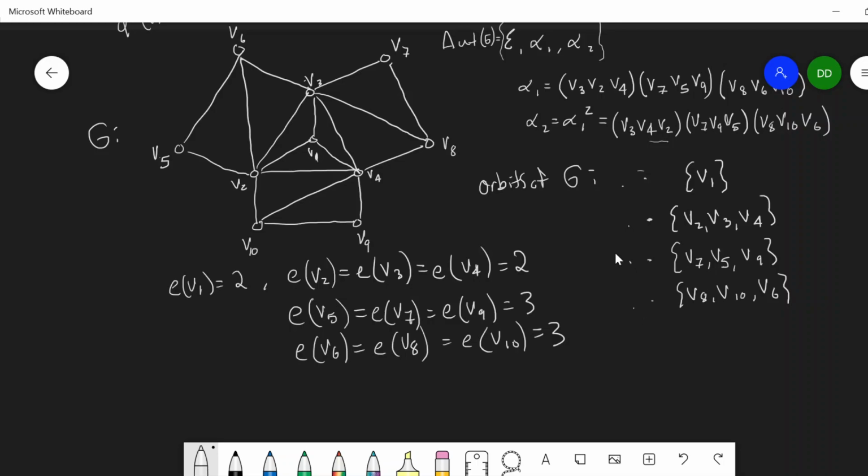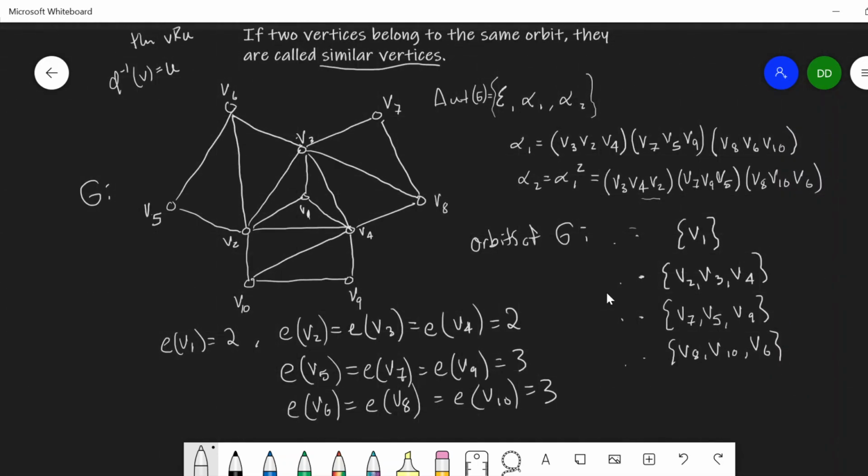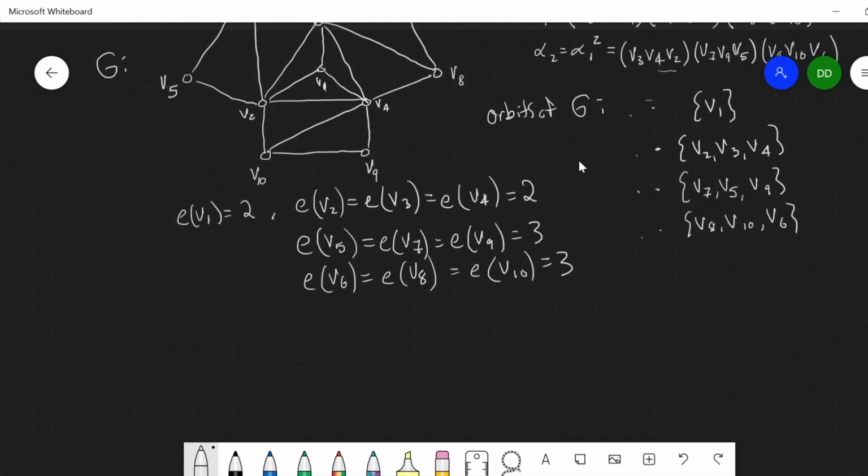And really for any structural property of the graph, we can aid the computation by noticing the orbits of the graph. The other thing that would be the same among similar vertices would be the degree of any two vertices. So let me say that here.